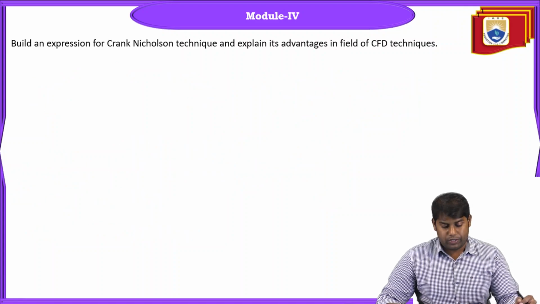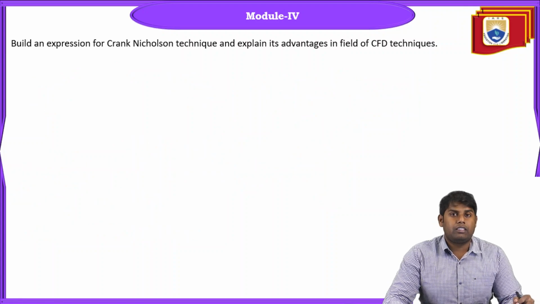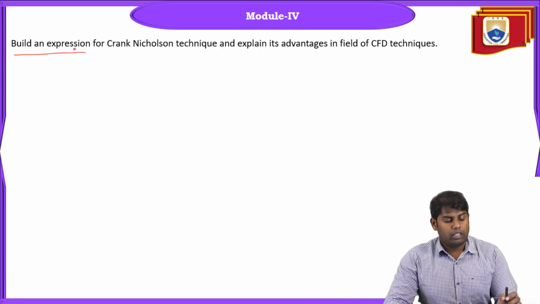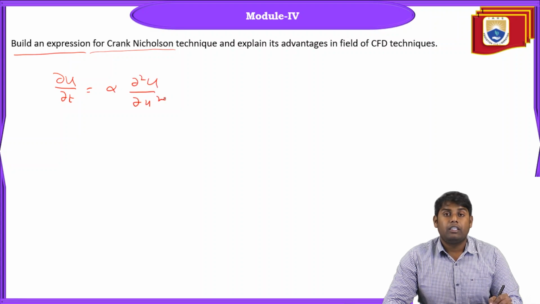So we have seen what the Crank-Nicholson scheme is, and we have built an expression for it. We have taken ∂u/∂t = α ∂²u/∂x².